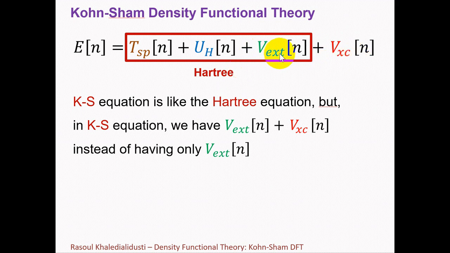If we take the Hartree equation and replace external potential with external potential plus exchange correlation function, then we have these Kohn-Sham equations. We know the exact solution for the Hartree equation, so we can use that to solve the Kohn-Sham equations. That's the trick: to move everything we don't know into one term that looks like an effective external potential. There is still one challenge, that we need appropriate approximations for that exchange correlation potential.